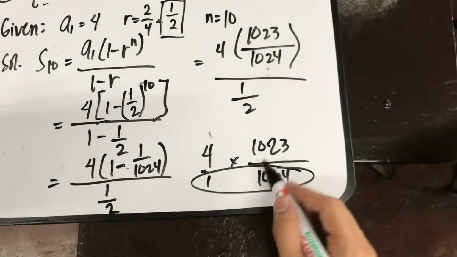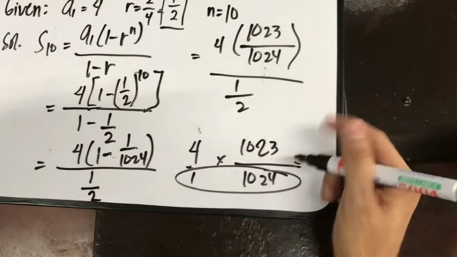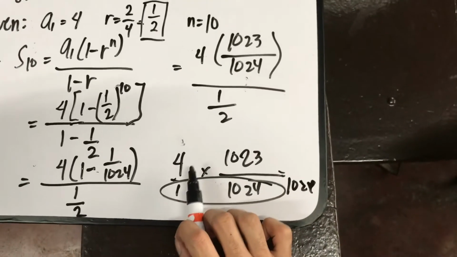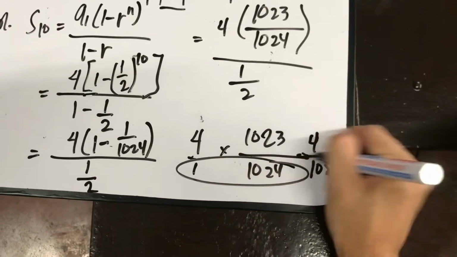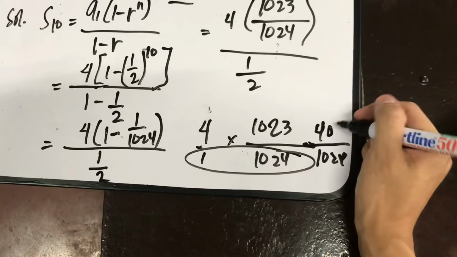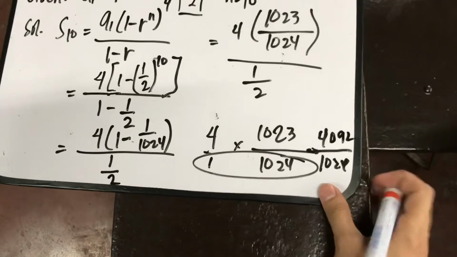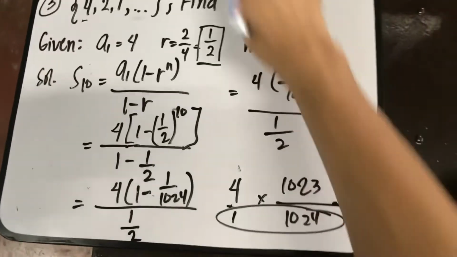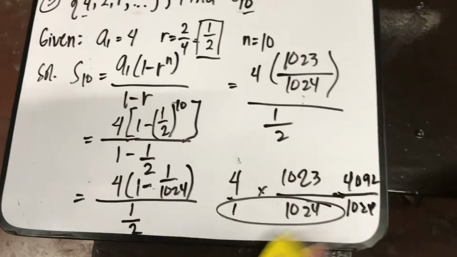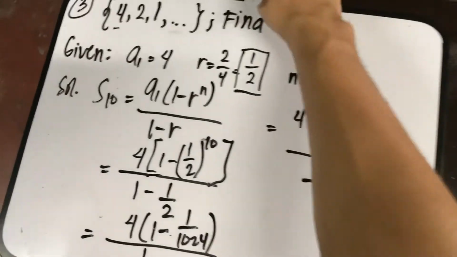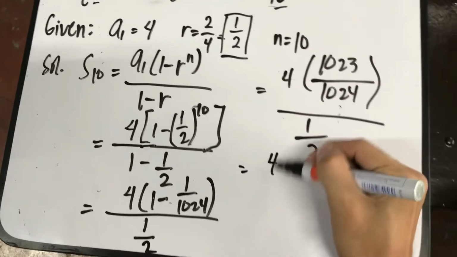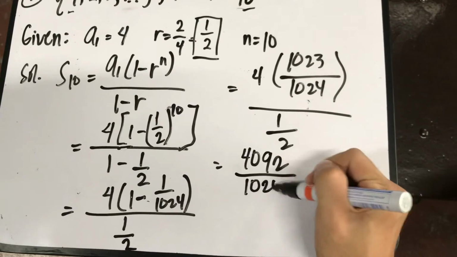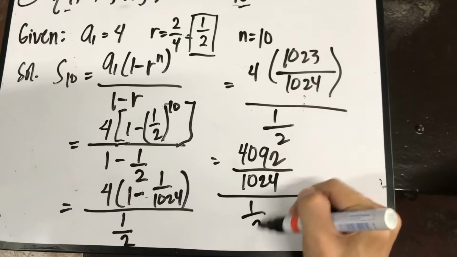So, 1024 times 1, that is 1024. And 1023 times 4, that is ilan? 4,092. Tama? So, ibig sabihin, ang numerator natin is 4,092 over 1,024 all over 1/2.